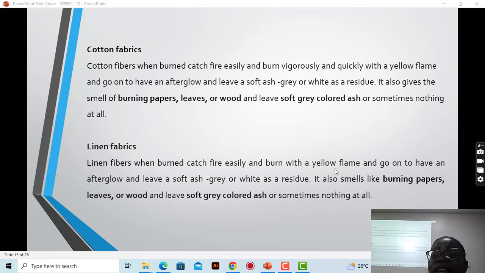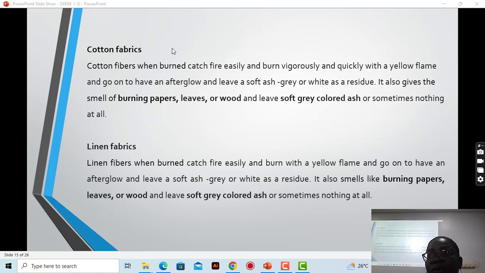It burns with a yellow flame and also has an afterglow and leaves a soft ash, gray or white, as a residue, just like cotton. It also smells like burning papers, leaves, wood, or leaves a soft gray colored ash. So that is for linen.